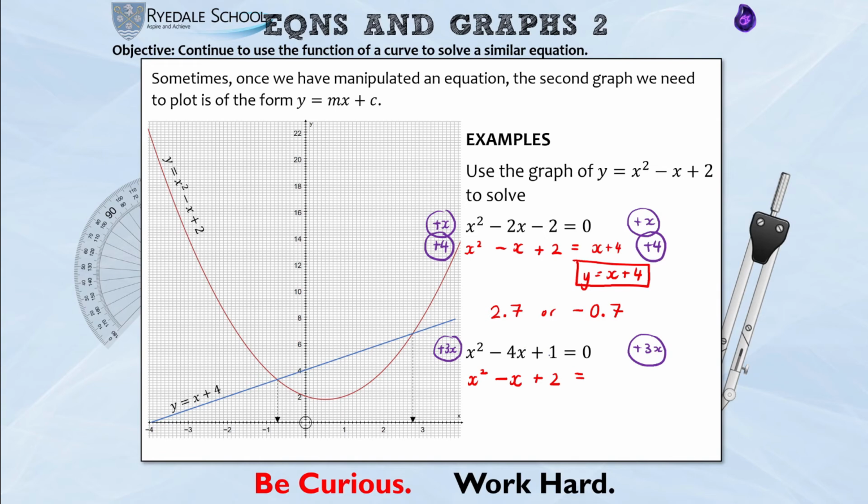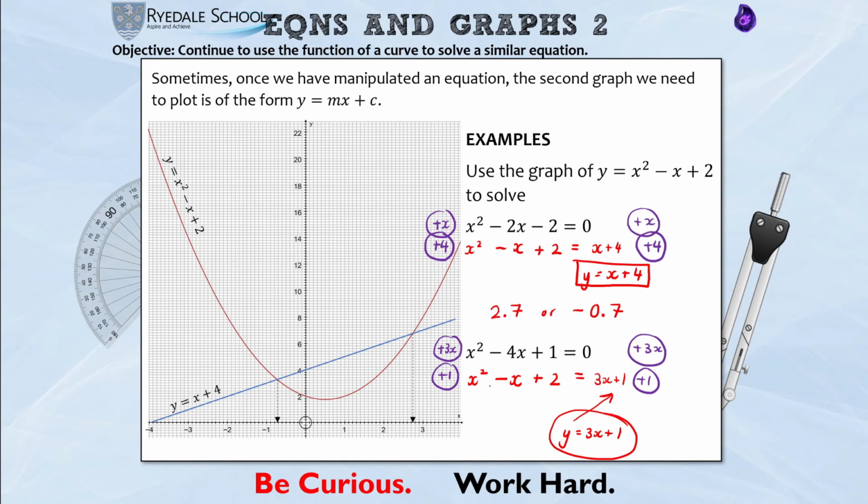And to go from 1 to 2, I'm going to need to add a 1 as well. So altogether, I have added a 3x and a 1. So the graph that I need to plot is y equals 3x add 1.